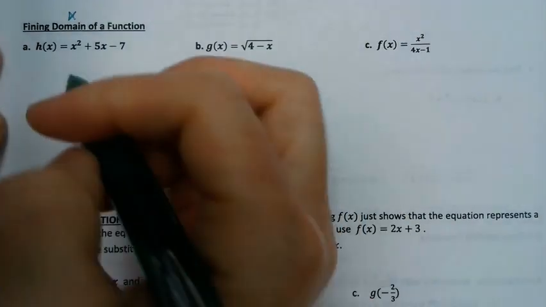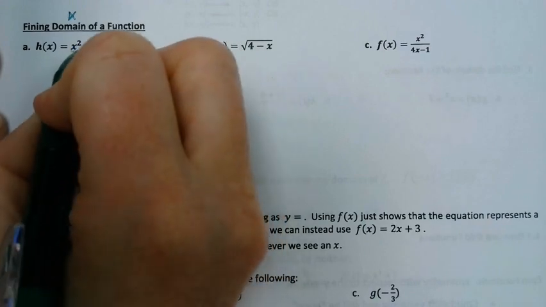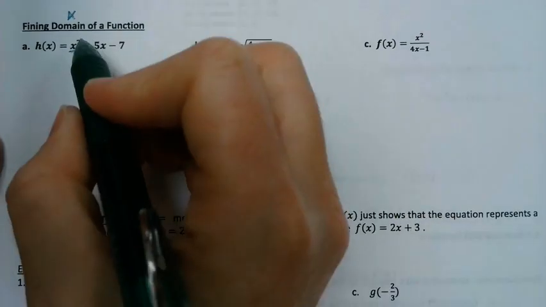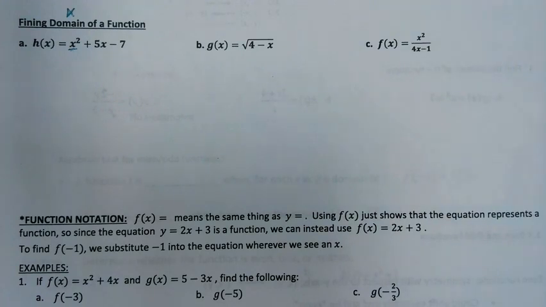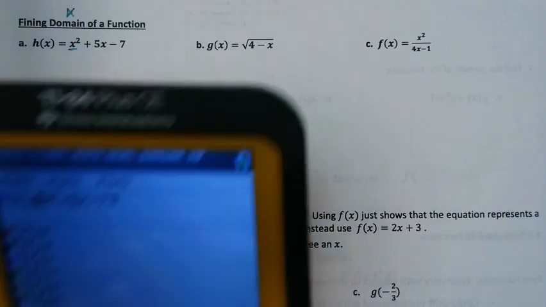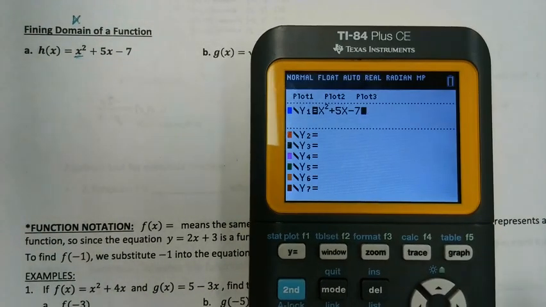So what I'm going to do is, this is just a regular quadratic. We know that because of the squared. So if we were to graph this, we would see that it's a regular quadratic. There should be no restrictions on this, and nothing will make this not true. So I'm going to put it into the calculator just so you see it as a reminder.